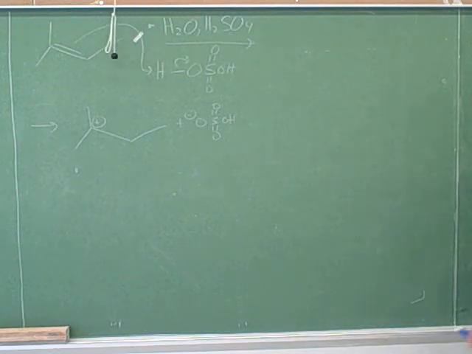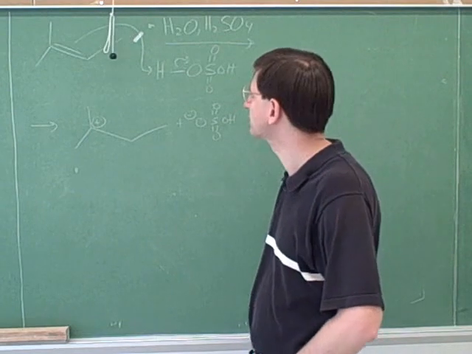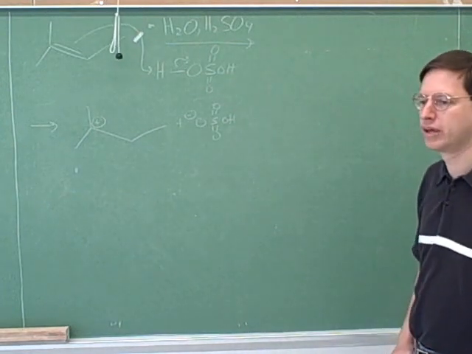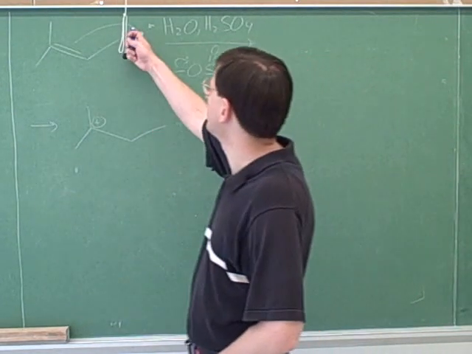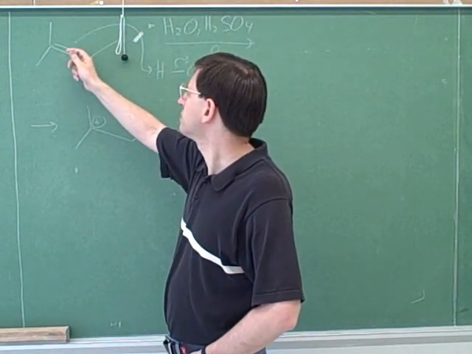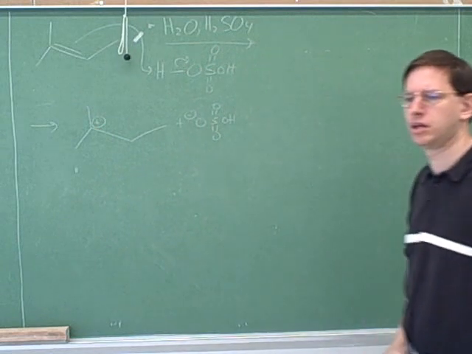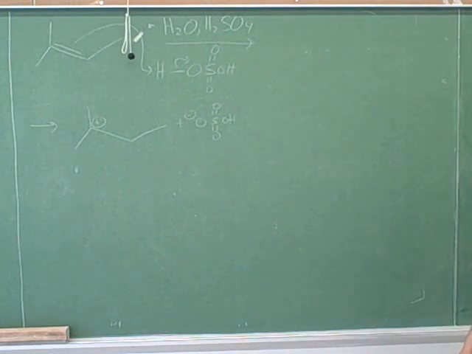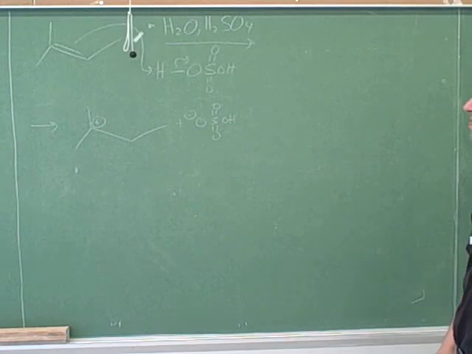Let's talk about that step for a second. Why is this a reasonable arrow? Why is it reasonable for this to be at the tail? Because it wants the hydrogen. And why is it reasonable for that to be at the tail of an arrow?